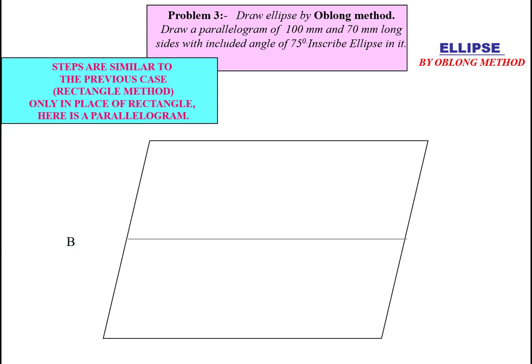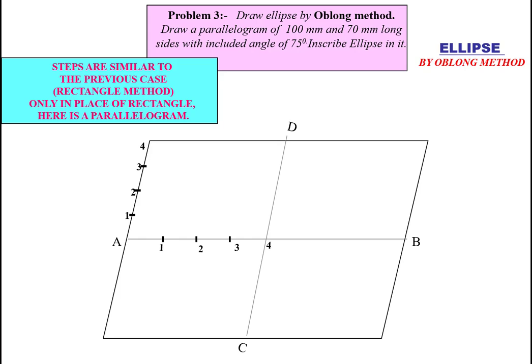So draw line segment AB and line segment CD at the midpoints of the 100 mm line and the 70 mm line. Now, same method as we used in the rectangle method, the vertical line segment from point A is divided in 4 equal parts, 1, 2, 3, 4, and the horizontal line from point A is also divided in 4 equal parts, 1, 2, 3, 4.